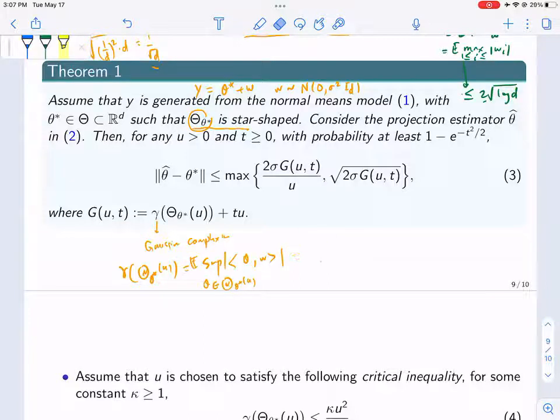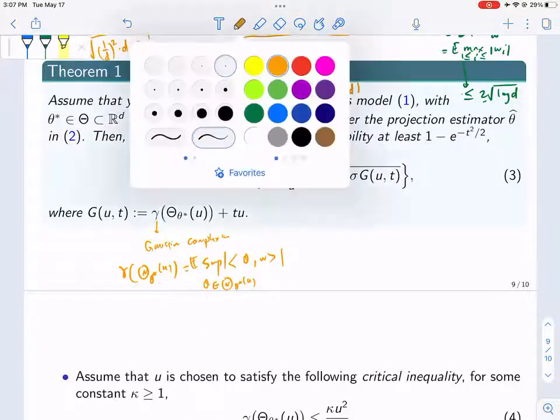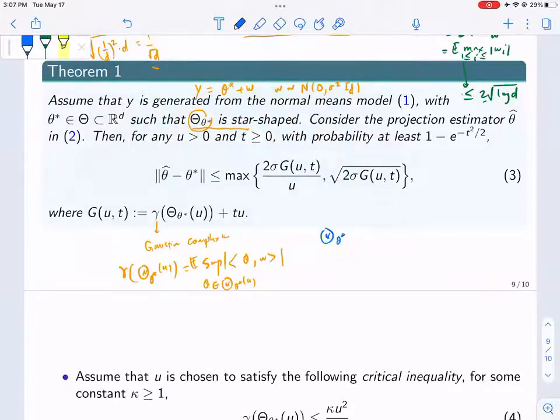Just to remind you what this is, you can unpack it yourself. Theta star u is theta star intersected with the ball of radius u. So this is the set of all theta minus theta star such that theta belongs to theta, and then we need the norm of theta minus theta star to be less than or equal to u.